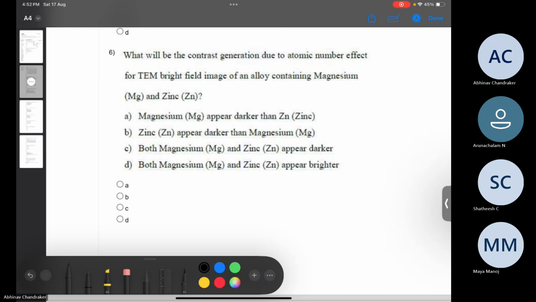Hmm. Any guesses to this? Even if your guesses are wrong, it's fine. If any guesses, let me know.